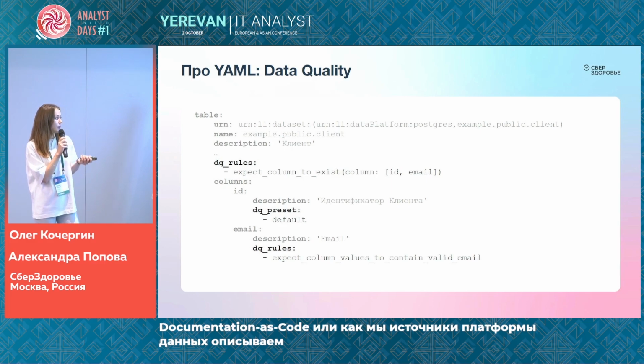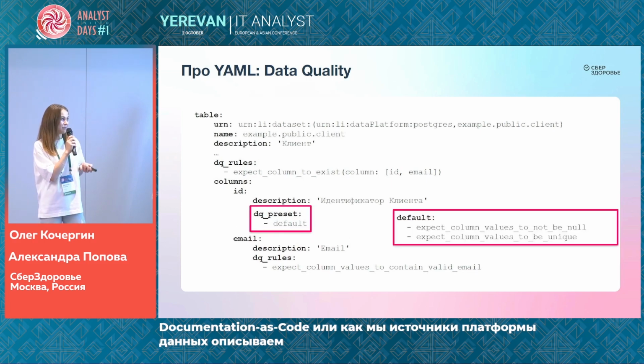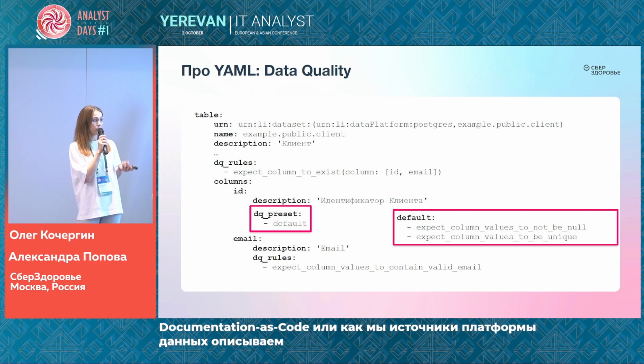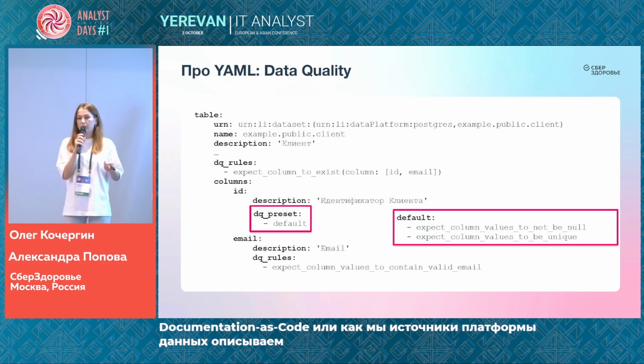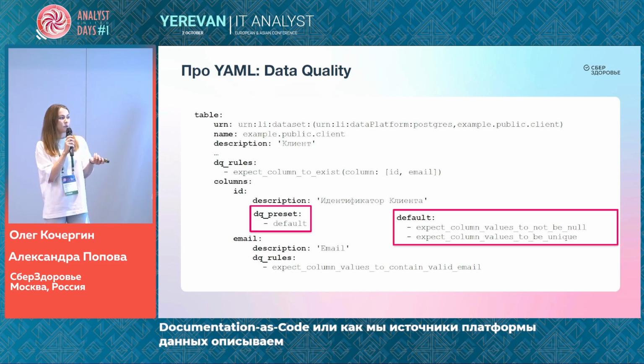Data quality checks may refer to a table or to a column. We also added check sets. This is a group of checks. For example, when it comes to an identifier, analysts check if it's unique and not null.